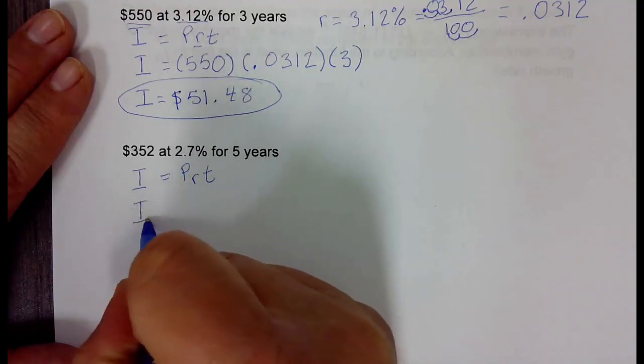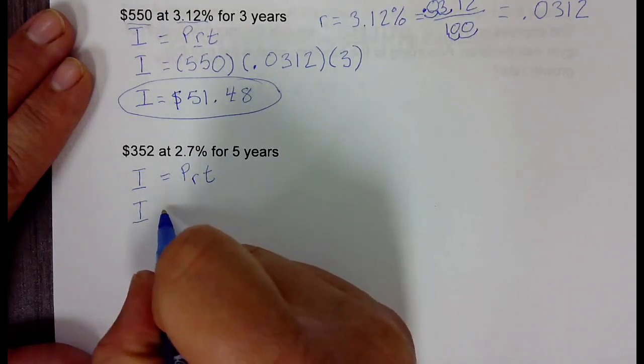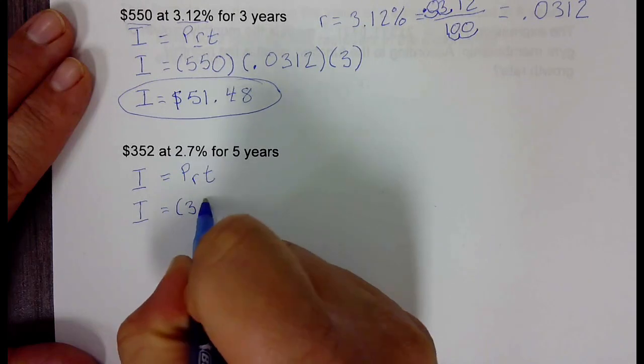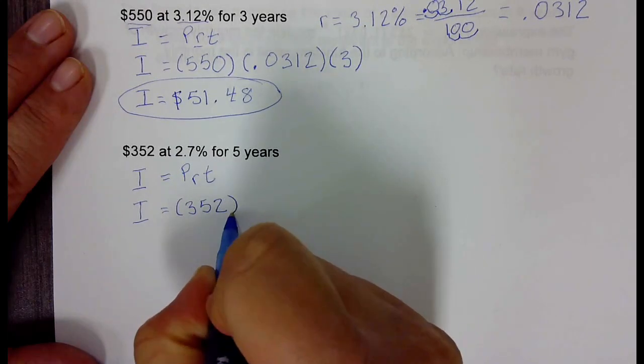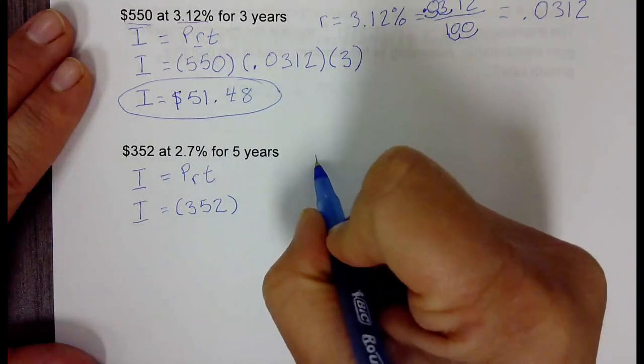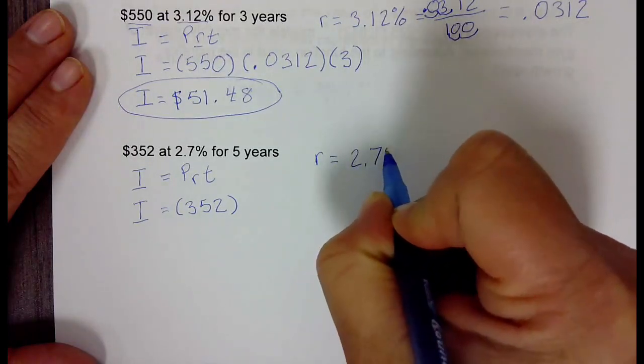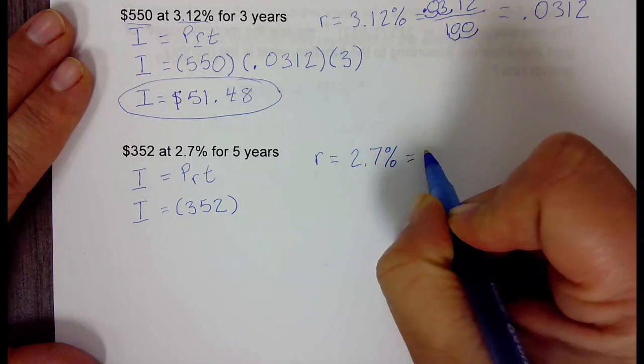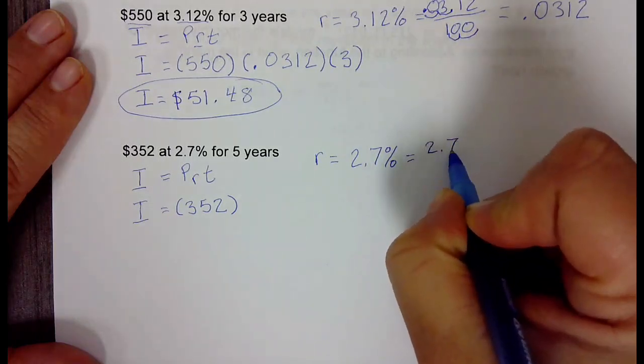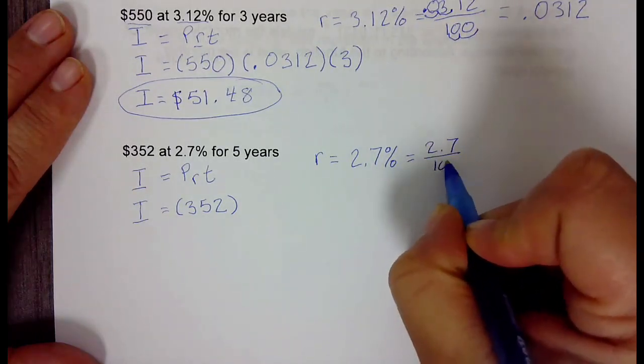And I'm going to plug in my information that I know. Interest equals $352 at a rate of 2.7%. That's 2.7 per 100.